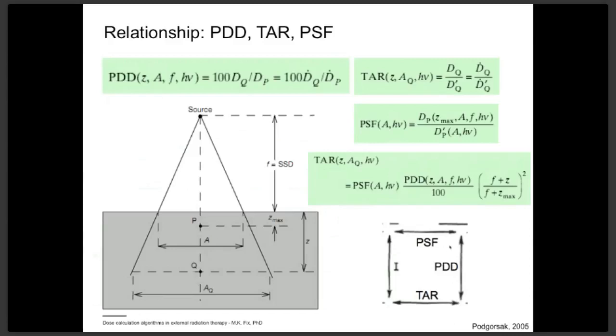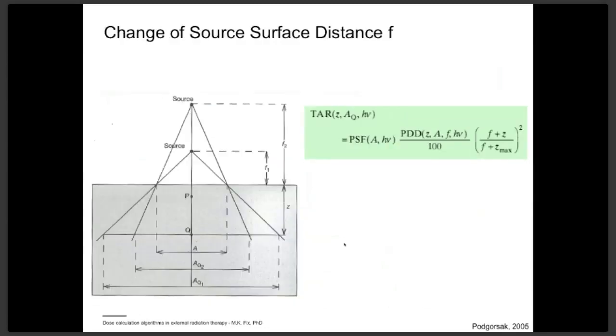This is also a method how you can determine PDDs out of the tissue air ratio, or how you can determine PDDs when the source to surface distance F is changed. And this is shown here. This could happen in two ways. The first way is that the distance changes while keeping the field size at the surface the same.